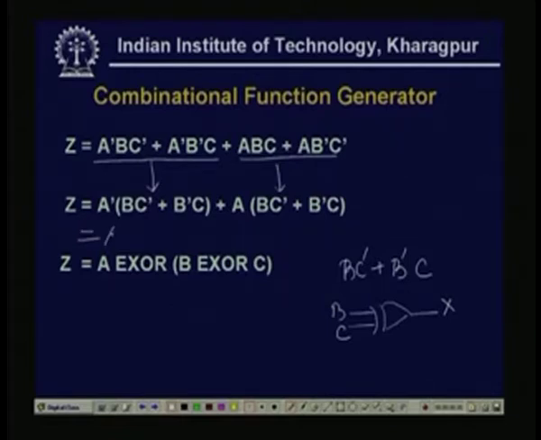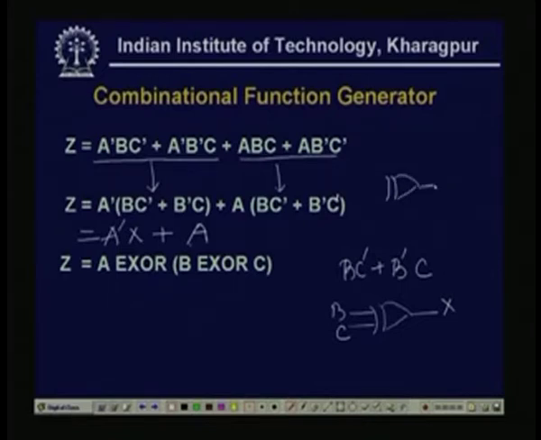Then Z equals A dash X and here A times the other term. What is this term? B C plus B dash C dash. This is nothing but X NOR.